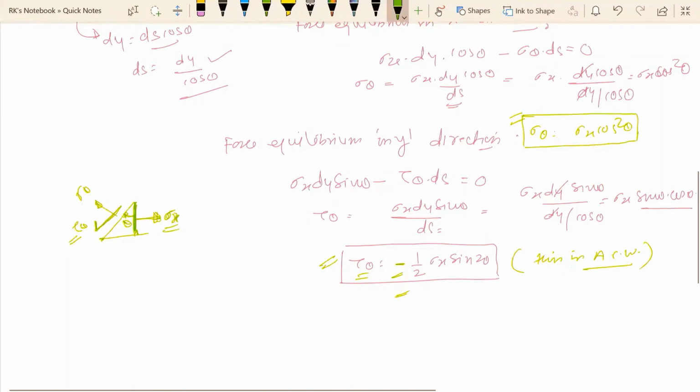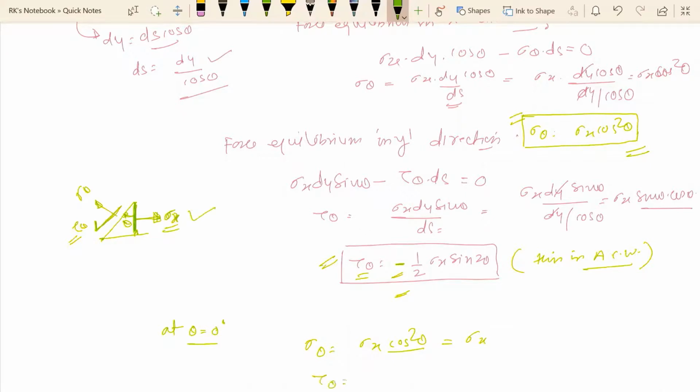If we put theta equals 0 degree, then sigma theta is equal to sigma x cos square theta. This is cos square 0 degree, so this becomes sigma x only, and this is correct. And tau theta must be equal to 0.